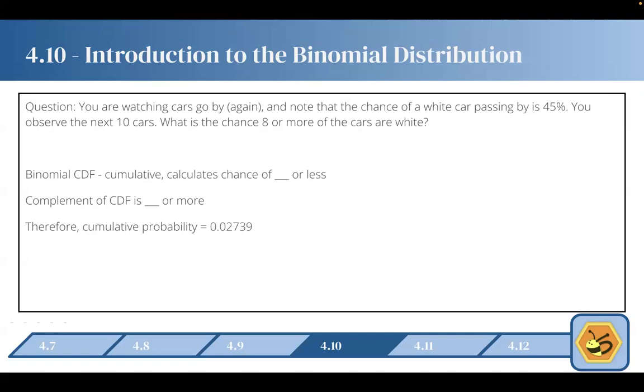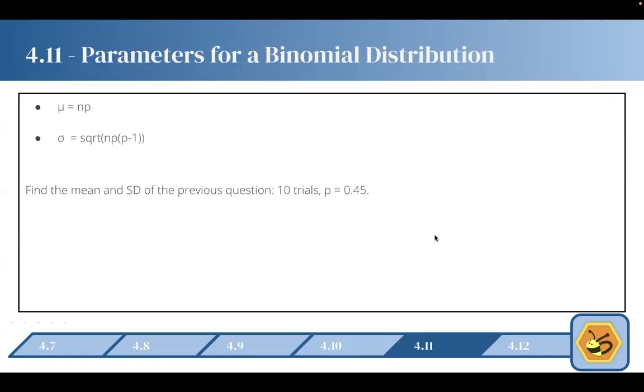We still have the geometric distribution to go, but we're pretty much done after that. Oh, sorry, I forgot our parameters for the binomial distribution. You remember the summation stuff and the formula jump scare that happened? Now with the binomial distribution, we have another formula jump scare, but it's a lot nicer.